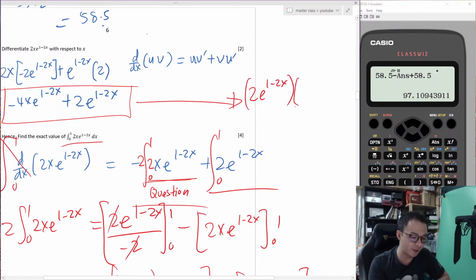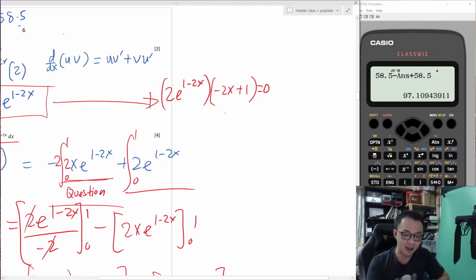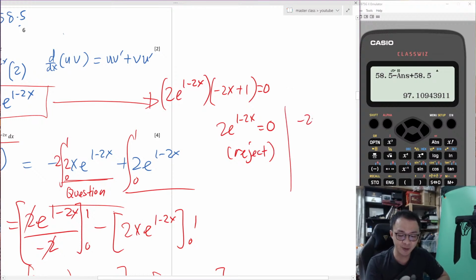The first one I will leave with negative 2x, the second one is plus 1, equals to 0. So from here, the first one, 2e^(1-2x) equals 0. This one is rejected because it cannot be solved. e cannot equal 0. Then we have minus 2x plus 1 equals 0. Then x will equal 1 over 2.